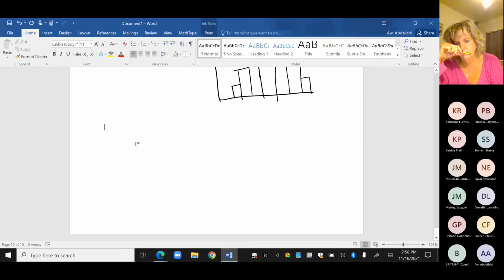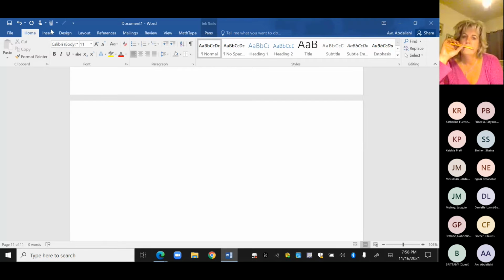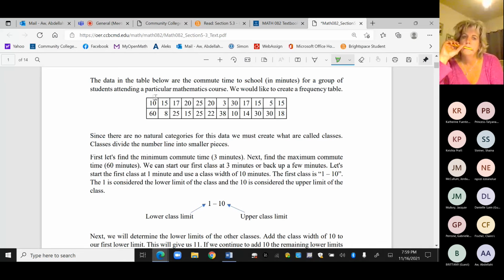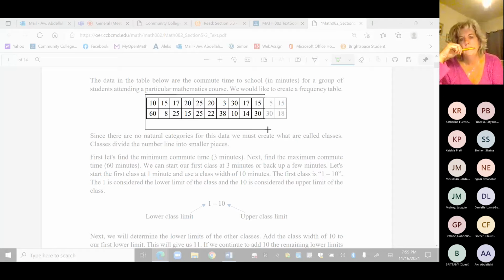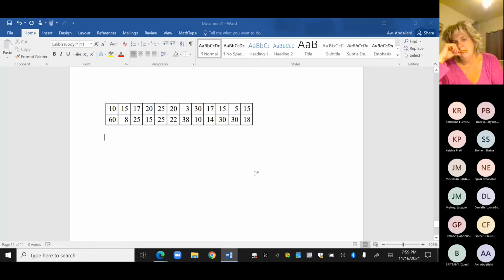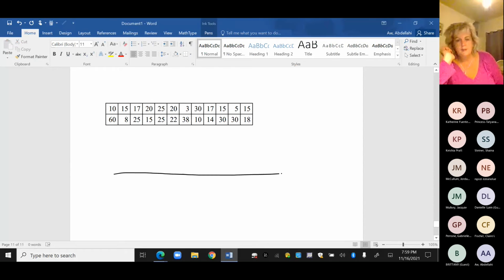Okay, so we have that is the data right here. And then the dot plot, what do you put? I put my numbers right here. I put my straight line like this, where I put all the data.